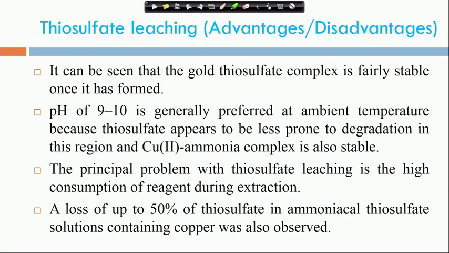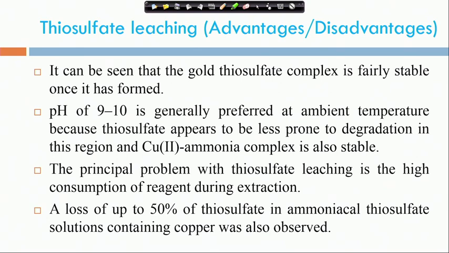Ammonia, as you probably know, you will see typically at pH above 9. Below pH 9, you will see ammonium, NH4+. NH3 will appear only when the pH is above 9. So that's why you see the pH of 9 to 10.